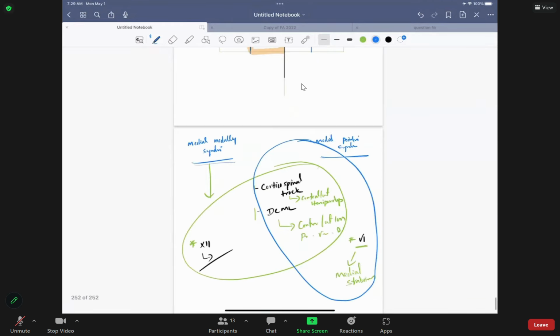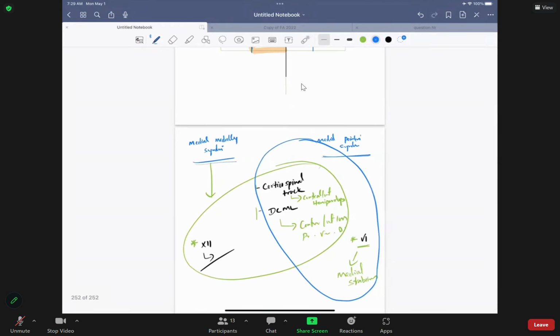So these are the easiest 2 diseases out of 6. Okay, these are 2 lesions. Now you need to know what causes this lesion. What causes this lesion? We're going to write it down.